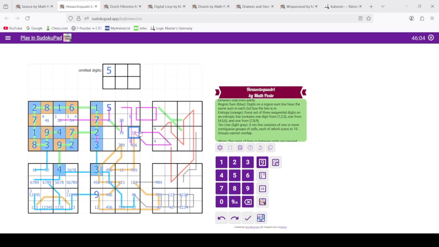This is odd, and these are different parities, so this must be even. 3, 4, 5, 6.